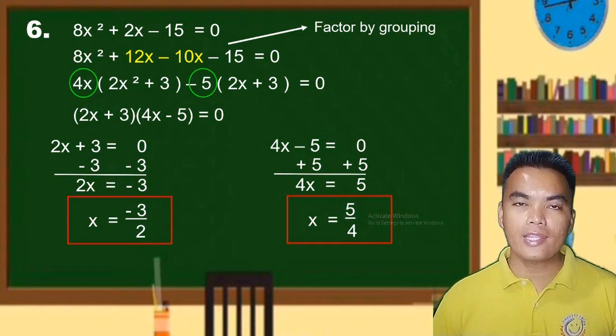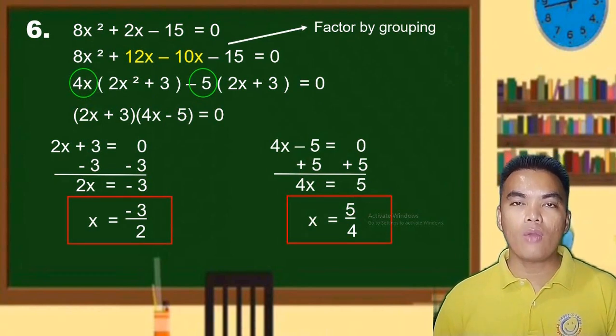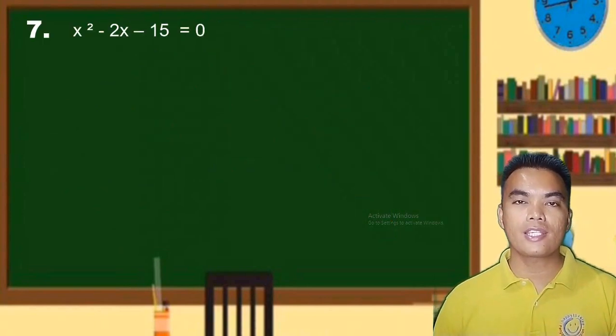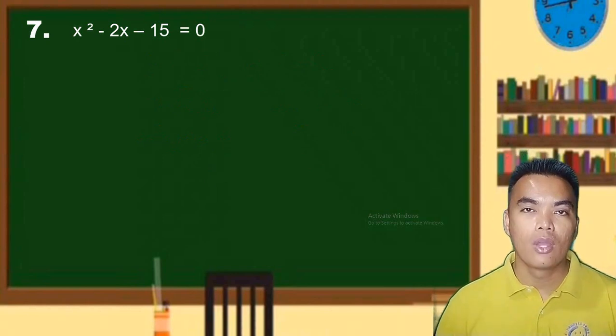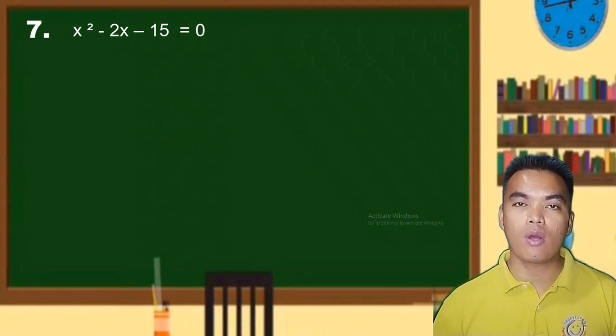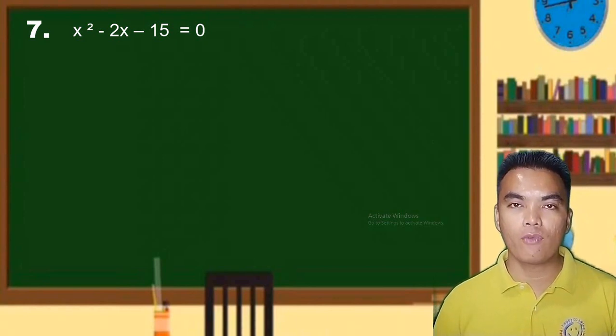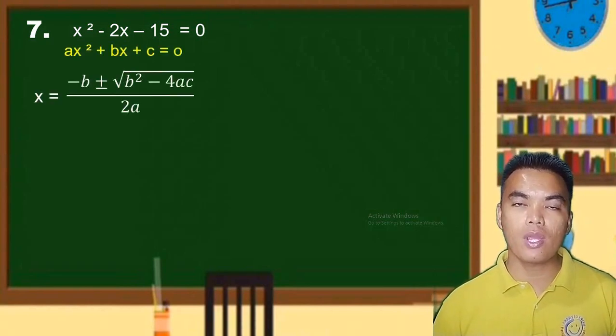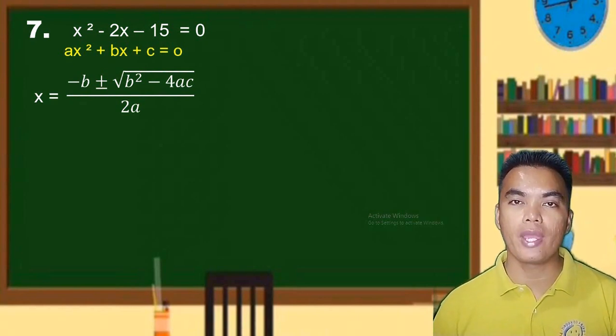So now, let us try to solve a quadratic equation using the quadratic formula. Let us have the 7th example. We have x² - 2x - 15 = 0. We need to remember the quadratic formula: x = (-b ± √(b² - 4ac)) / 2a.